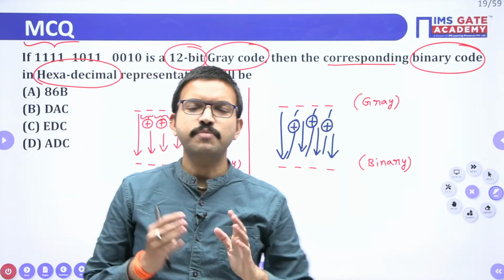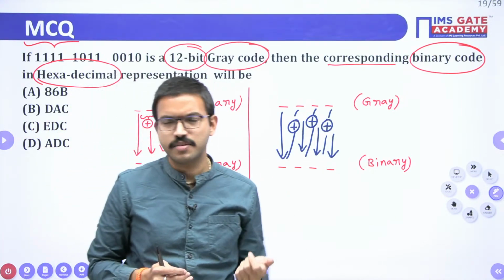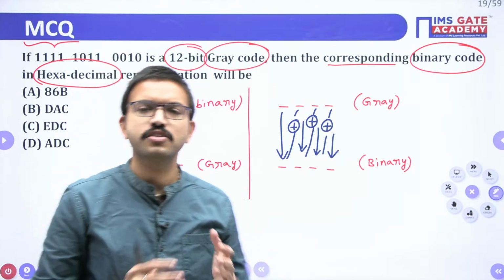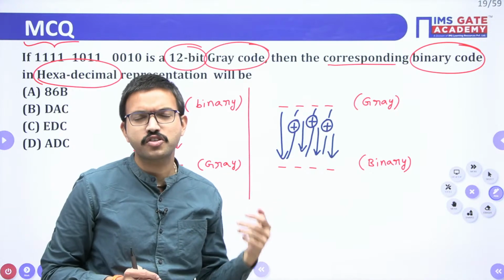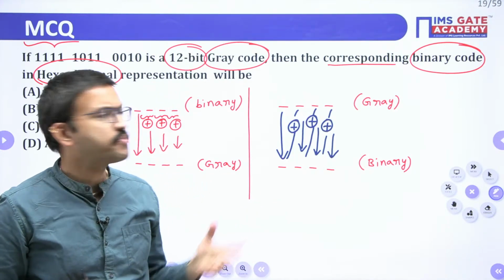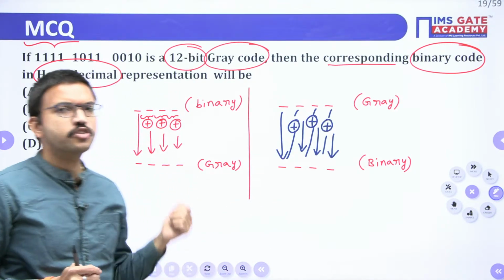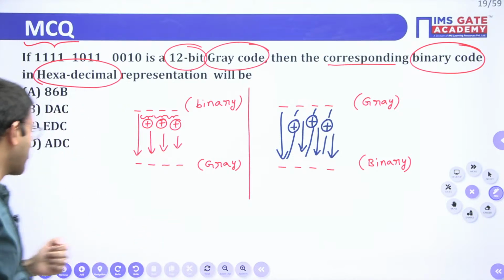Sometimes they may not mention it directly in the syllabus, but since it is basic, you should know. Once you are strong on the basics, whatever the level of the question they frame in your GATE exam, you will be in a position to attempt it. So you should not leave the basics.